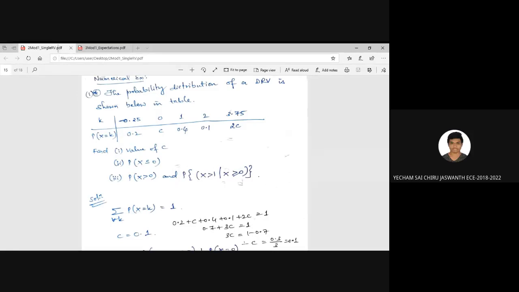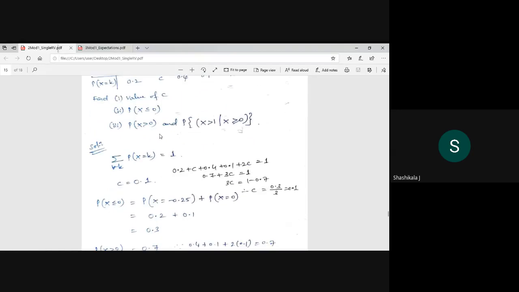Yes, ma'am. Okay. Now, what is the probability of X? Please make sure it is less than or equal to. What is the probability of X less than or equal to 0? Less than or equal to 0 means minus 0.25 also exists and this 0 also exists.